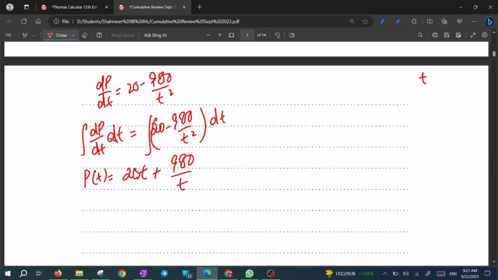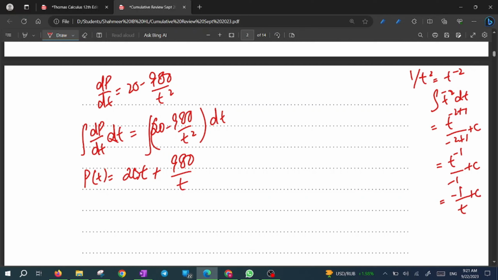We can write 1/t² as t to the power minus 2, and when we integrate t^-2 with respect to t, we get t^-1 over minus 1, plus c. In the same way, you can write minus 1/t plus c.